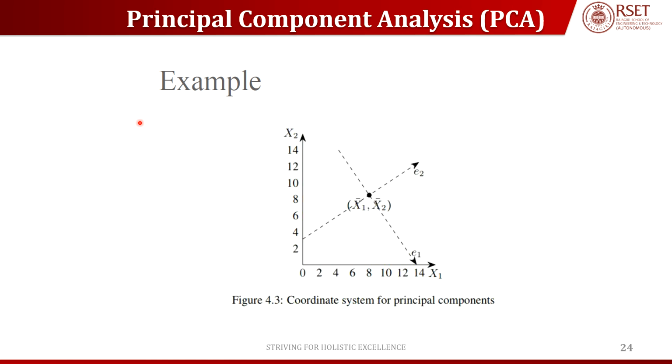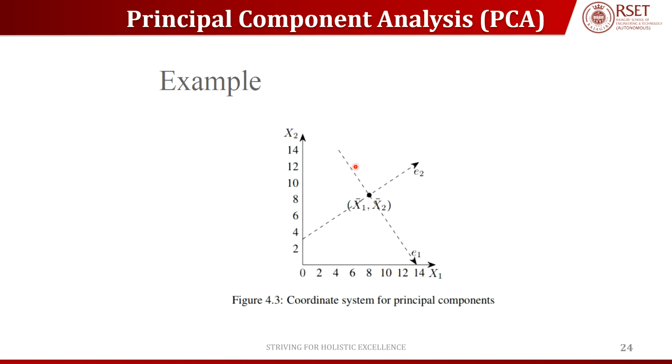Next we have to plot this. I have already told that we have marked the center of the data, and the principal components have to pass through this center point. So how to correctly draw E1 and E2 is that first mark the center, x1 bar and x2 bar.